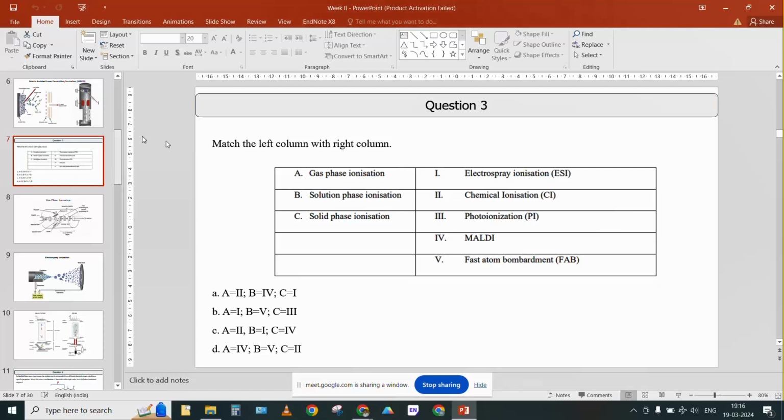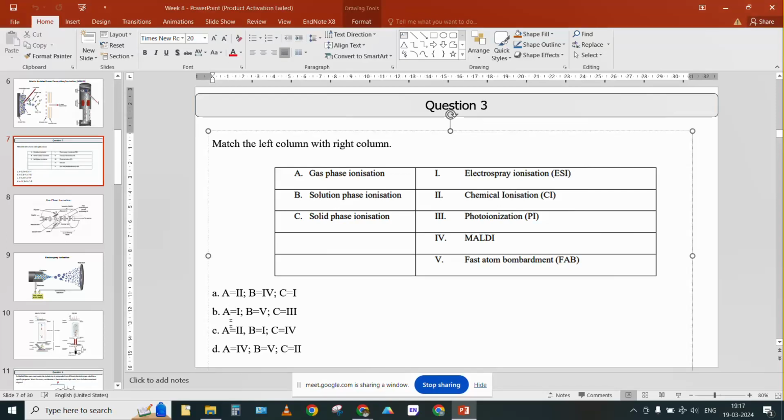So gas phase ionization is related to chemical ionization, that is option 2. Then we have solution phase ionization. It is related to electrospray ionization.